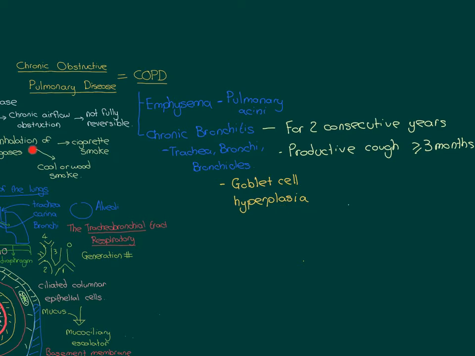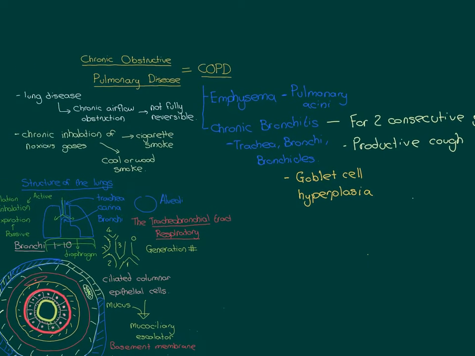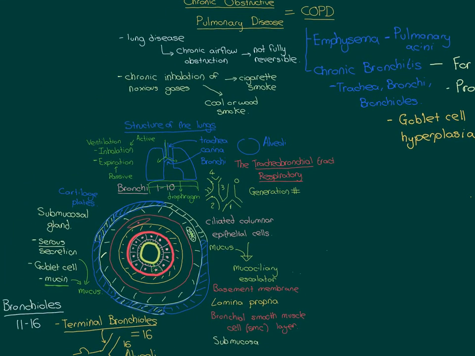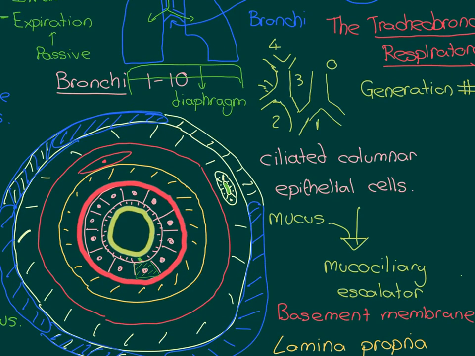So in response to the chronic inhalation of the noxious gas, maybe cigarette smoke, the goblet cells that are in the epithelium of these 3 different types of airways are going to overdivide. They're going to be stimulated to overdivide. And as I say, we'll go over the pathogenesis later on.